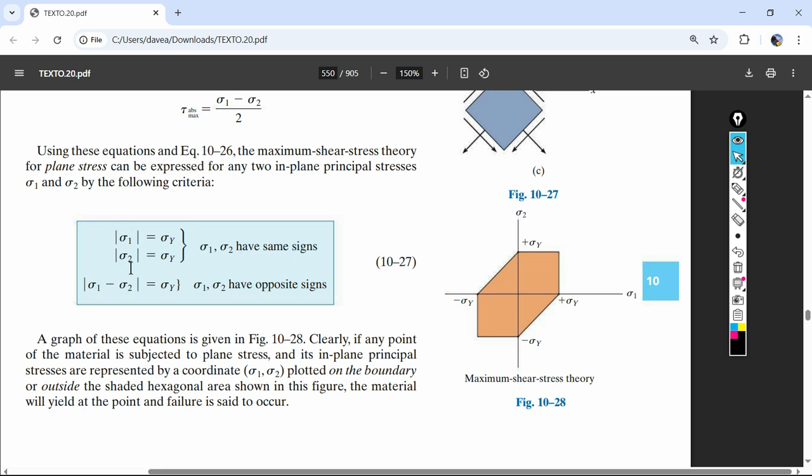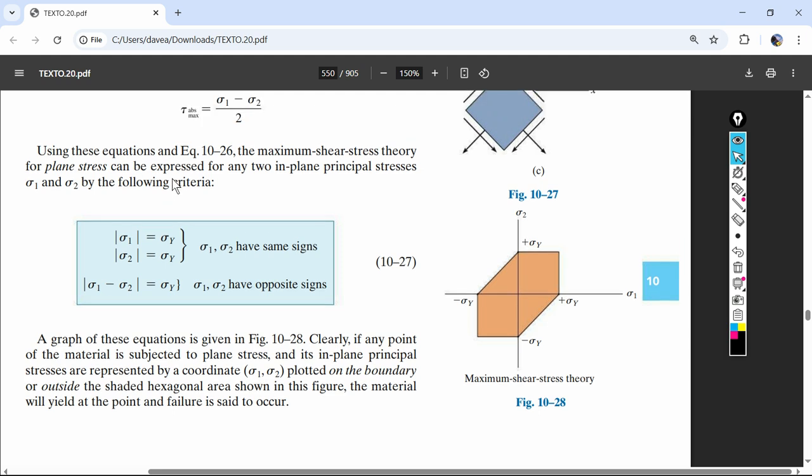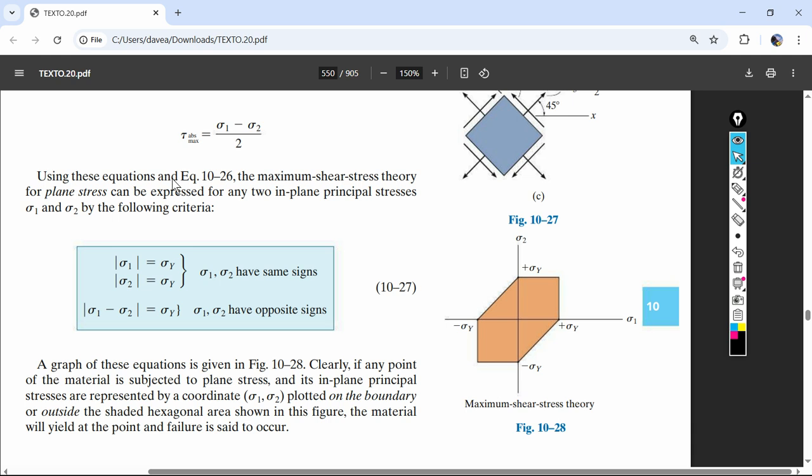Oh, so it's the absolute value of those, because they both could be negative or both positive. I guess this is the equation. So what is this saying?